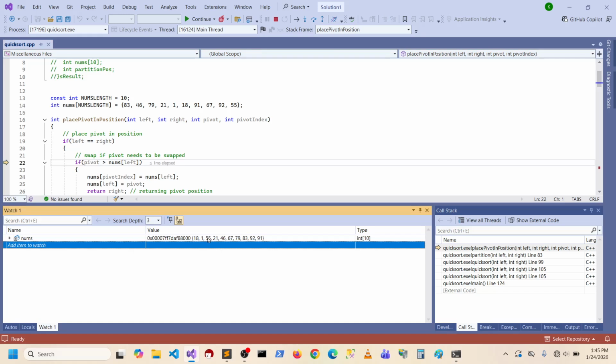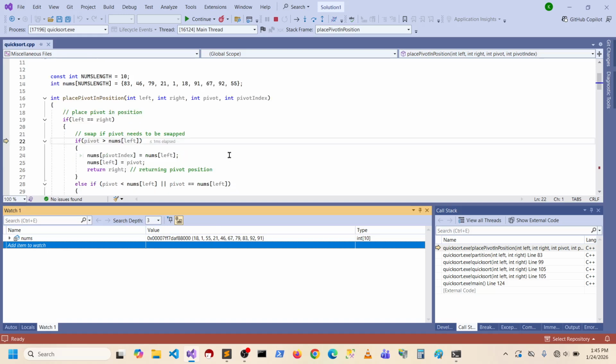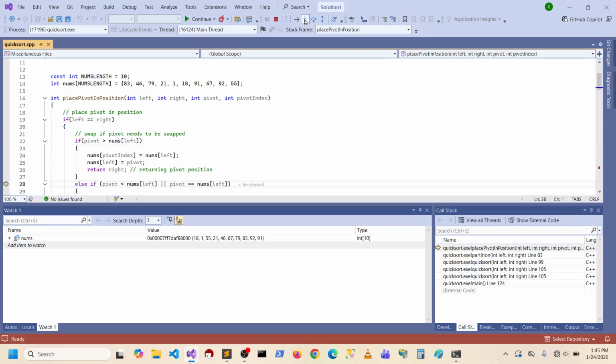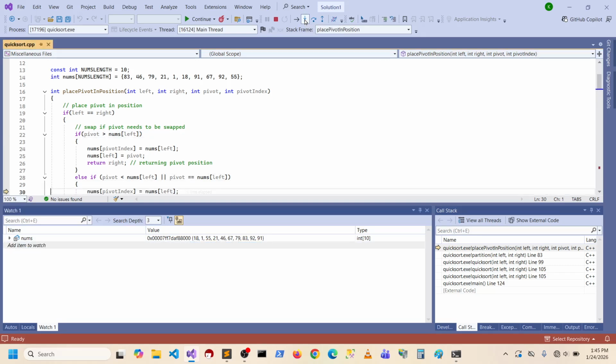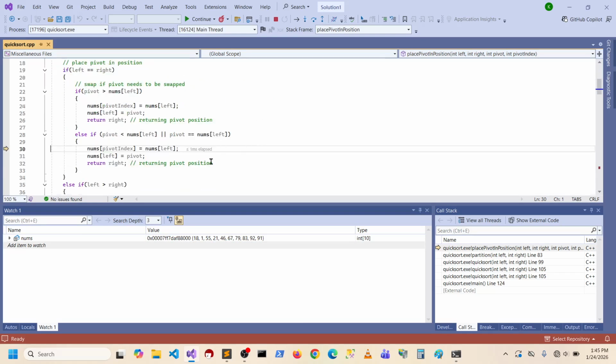So those don't have to swap. Or actually, it still swaps. It's just where at.